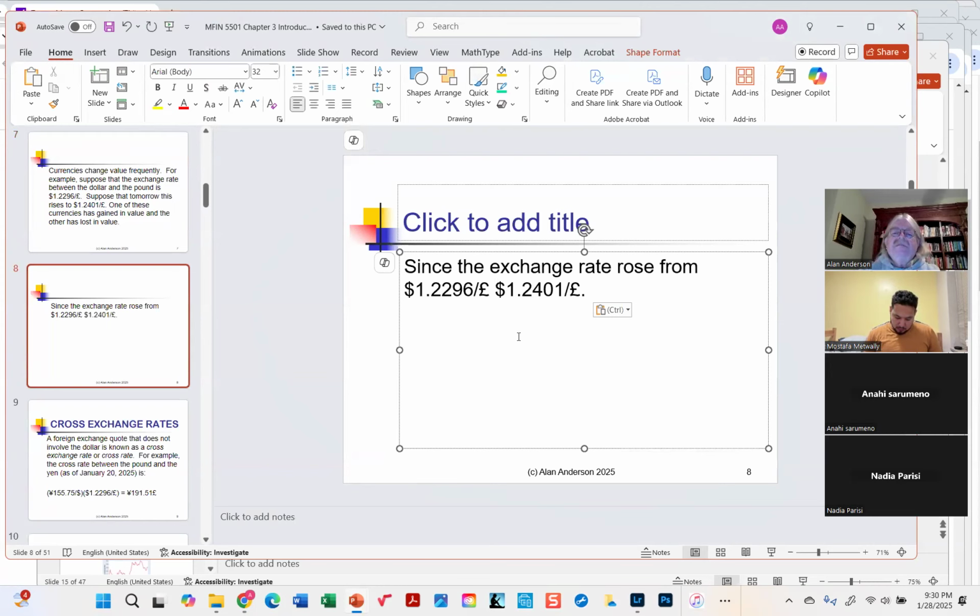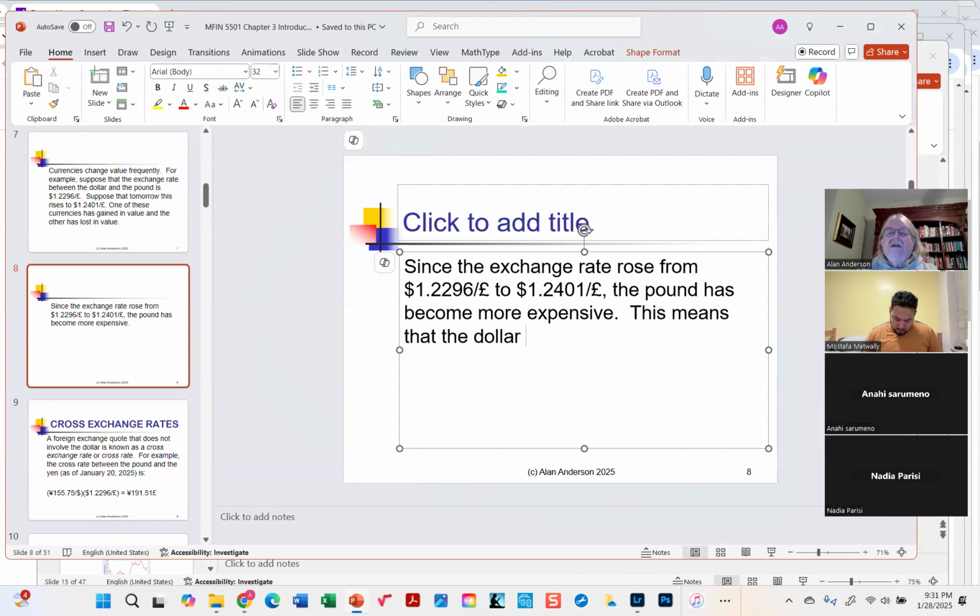That's the key detail. The pound has become more expensive. This means that the dollar is now weaker against the pound than before, and the pound is now stronger.